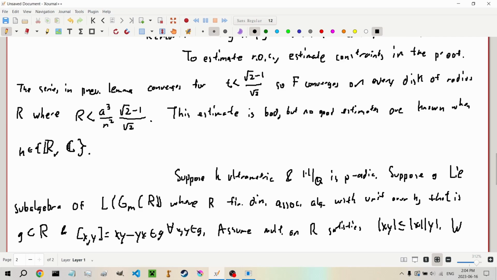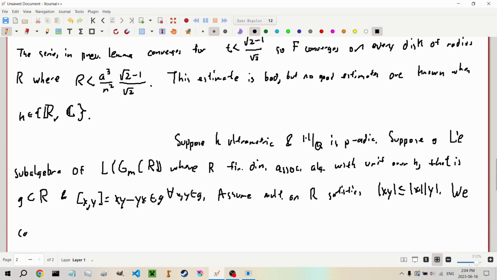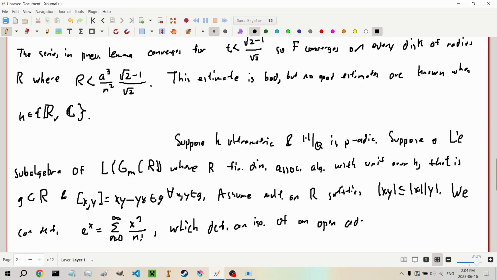We can then define e to the x in the way that I'm sure you know, the sum of x to the n over n factorial, which defines an isomorphism of an open additive subgroup M onto itself.